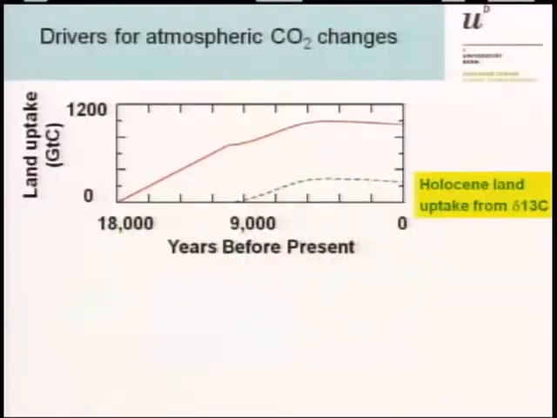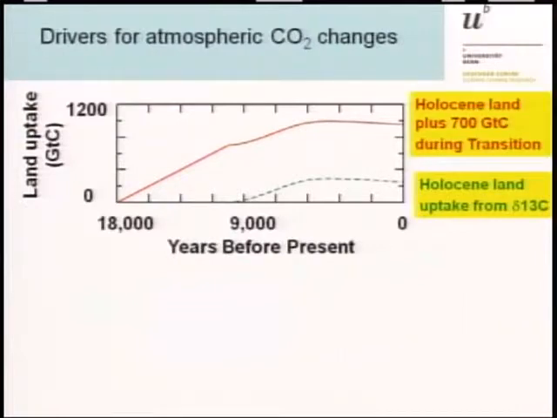So here are now these boundary conditions. The green line is just the Holocene land uptake from the delta C13 mass balance approach. So you see the 300 gigatons uptake in the early Holocene and a slight release thereafter. Then if we add to this the uptake during the transition, let's say of 700 gigatons of carbon, we have simply assumed the carbon uptake is linear in time over this period of 6 kiloyears, and then in addition this 300 gigatons of carbon from the mass balance over the Holocene.